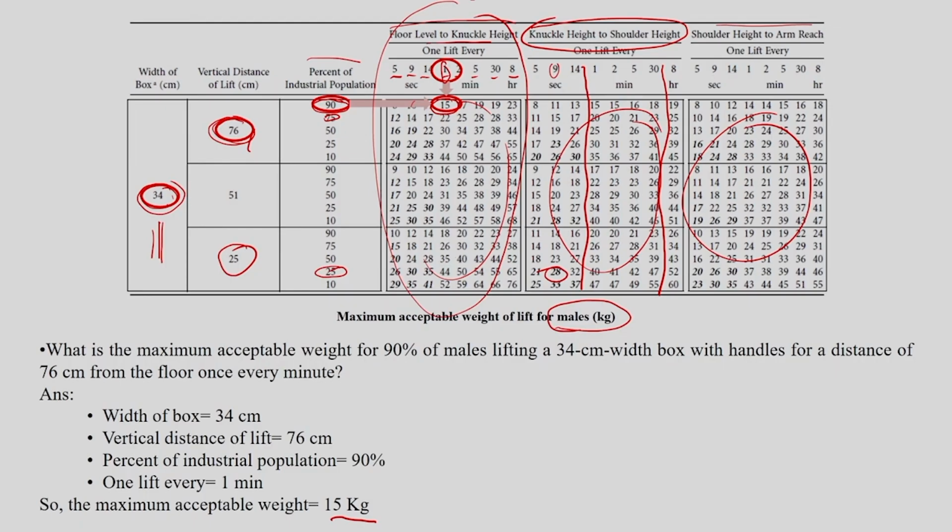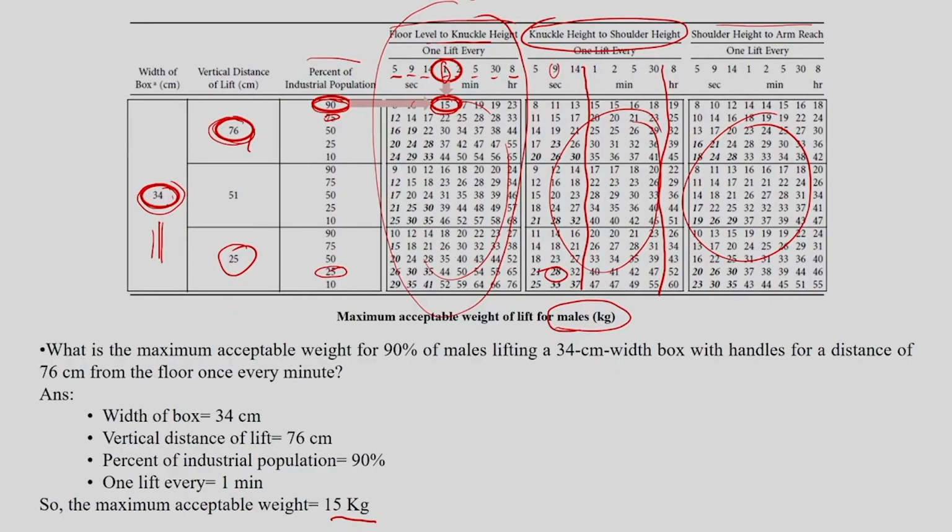So for the same percentage of population, same vertical height, same width of the box, the total weight will change if any one of these factors is changing, right?